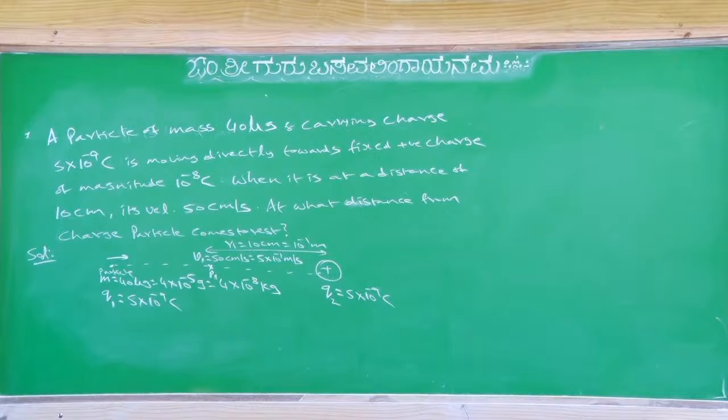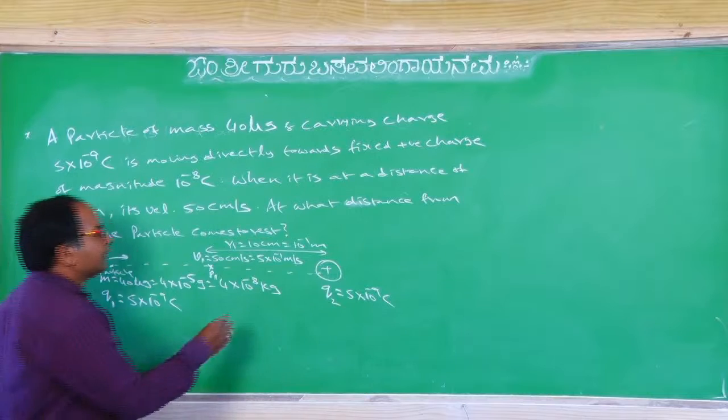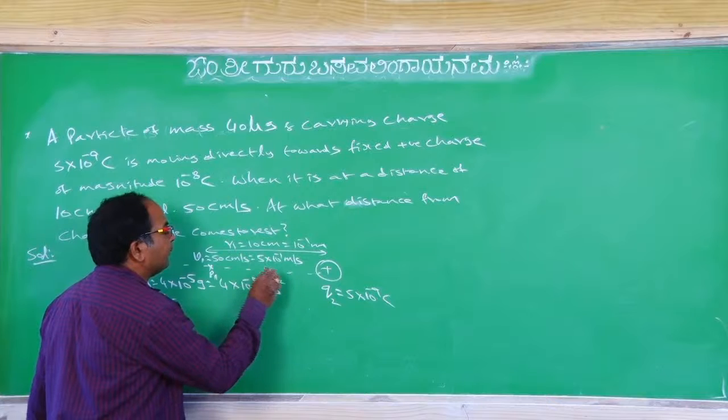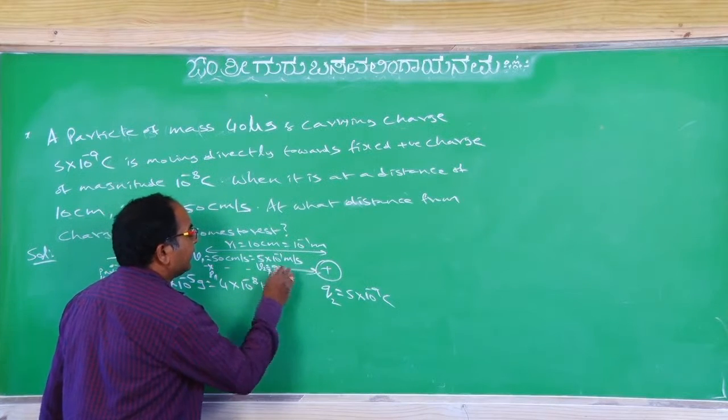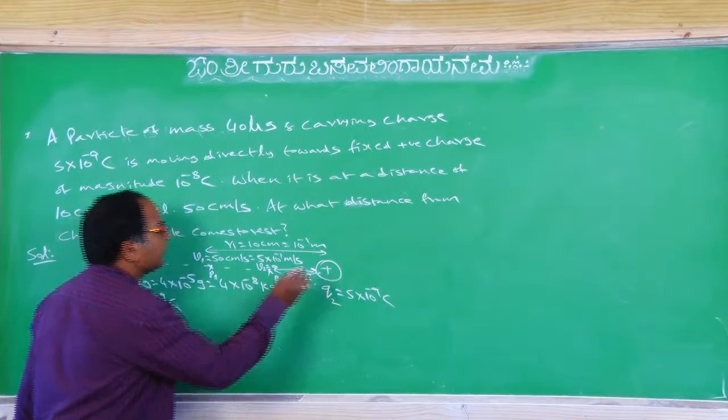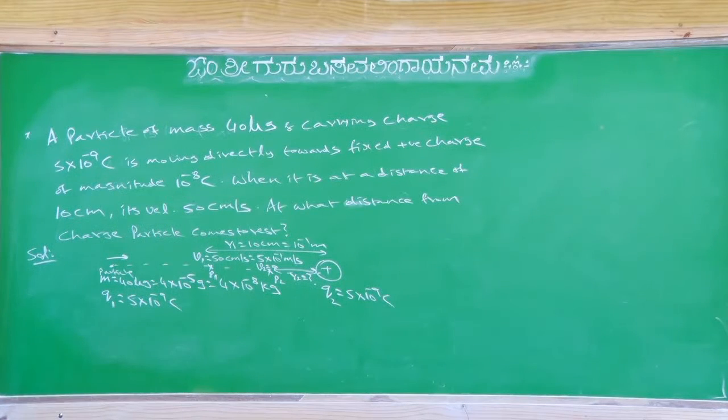At what distance from the charged particle does it come to rest? Suppose at point P2 it comes to rest, means V2 is equal to 0, then this distance R2 is equal to how much? We are asking. How do you find it out?